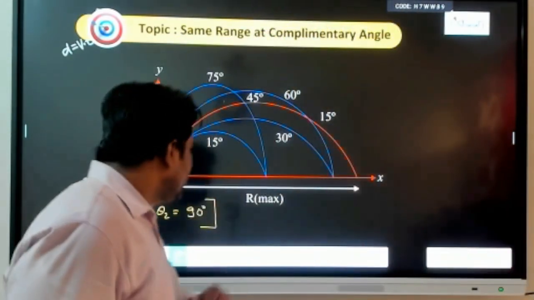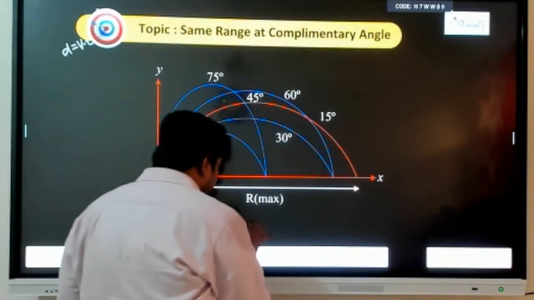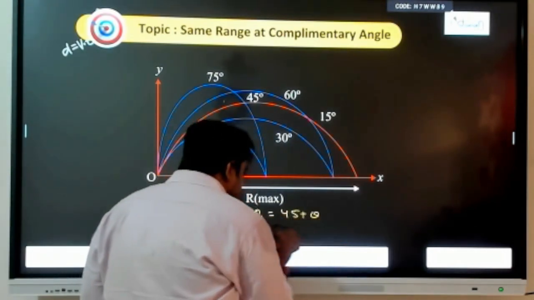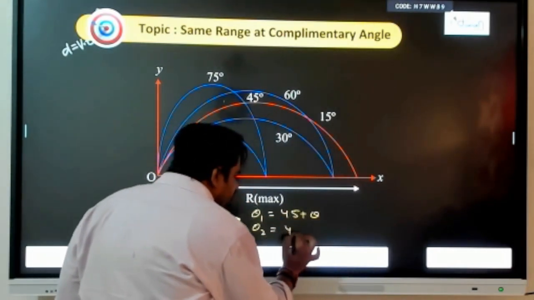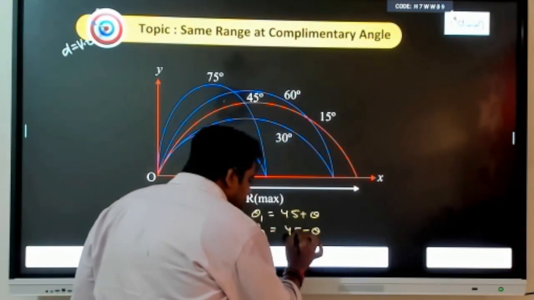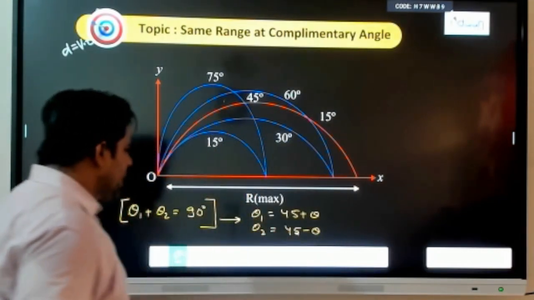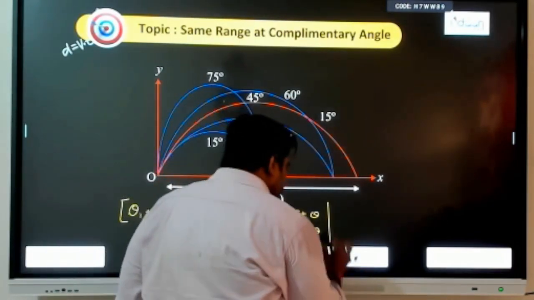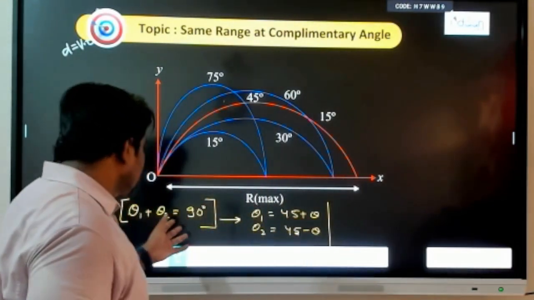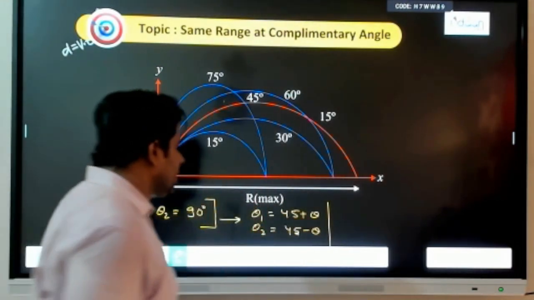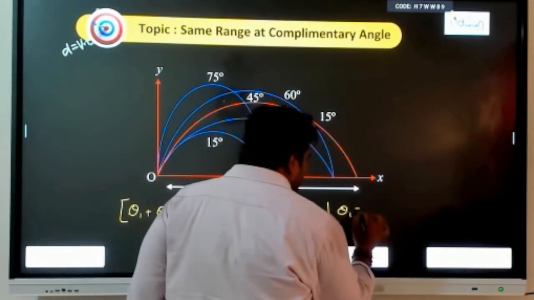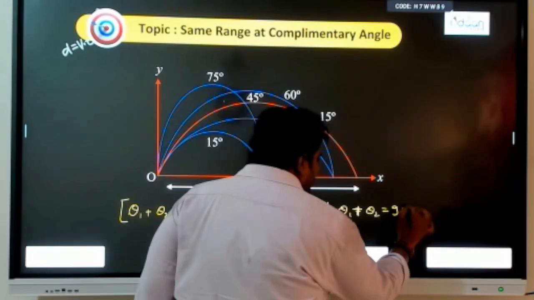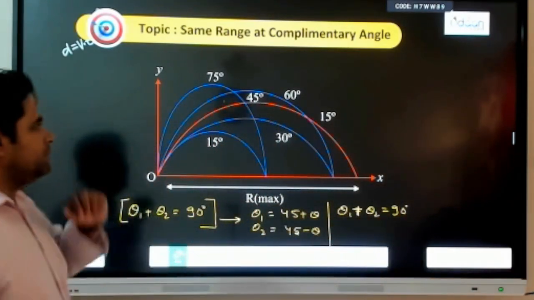I am going to give you one example. Just see here: if theta 1 is 45 plus theta and theta 2 is 45 minus theta, and you add them, you find the value to be 90 degrees. So theta 1 plus theta 2 comes out to be 90 degrees, and in that condition the range is going to be the same.